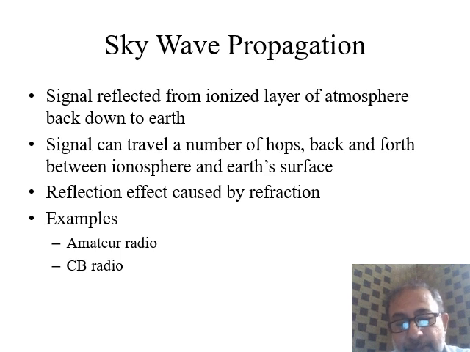Two major examples of this type of communication are amateur radio and citizen band radio. Citizen band radios are normally used by truckers, the truck drivers, to communicate with each other. And the frequency that is used is between 2 megahertz and 30 megahertz.